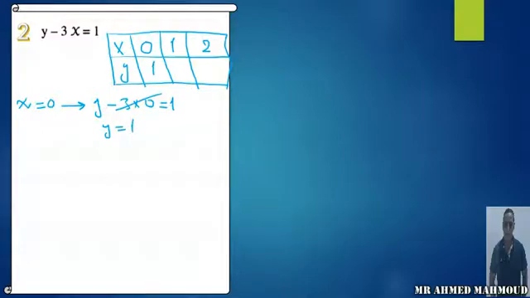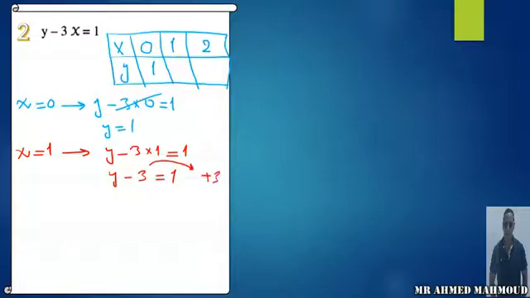The next one, if x equals 1, then y minus 3 times 1 equals 1. 3 times 1 equals 3, then y minus 3 equals 1. Send 3 there plus 3, then y equals 4. Here y equals 4.